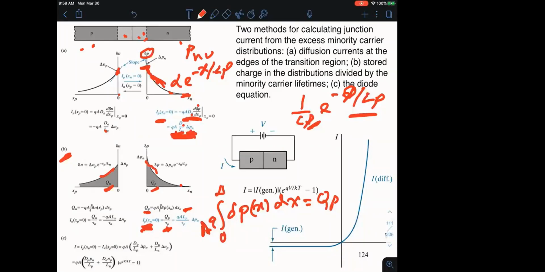So in the first approach, we calculated the current by taking the derivatives of these carrier concentration profiles to get the diffusion currents, while in the second approach, it's more of an integral, divided by the lifetime to get the current. And of course, the expressions for the current must match up regardless of how you do the calculation. Okay.